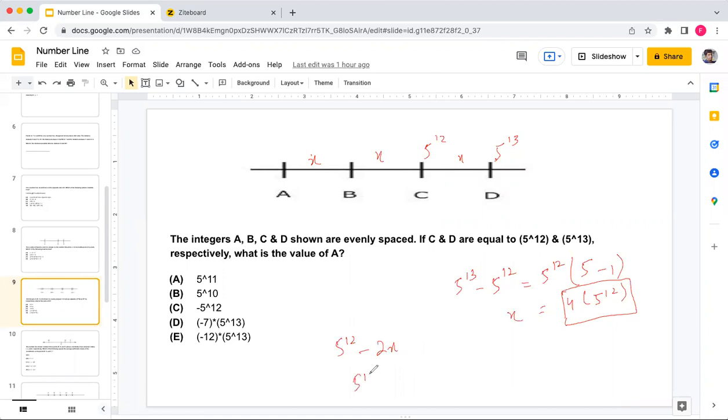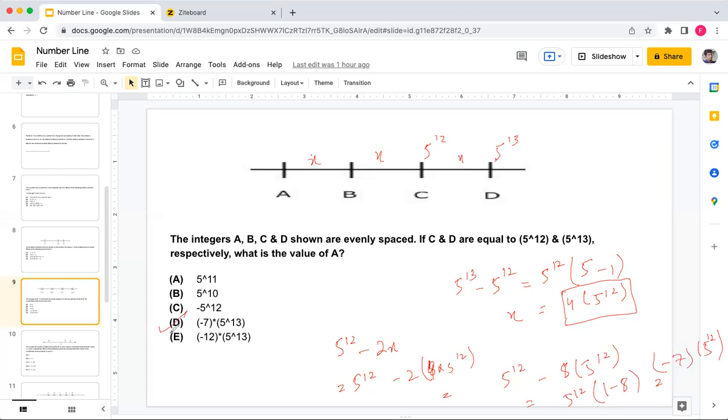So this will be 5 power 12 minus 2 into 4 into 5 power 12, so 5 power 12 minus 8 into 5 power 12. If I take 5 power 12 common, this will be 1 minus 8, which is equal to minus 7 into 5 power 12. That's why the answer is D, not B.